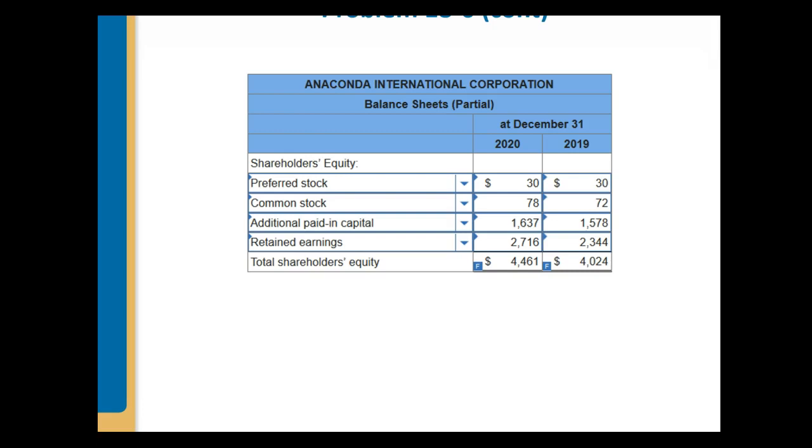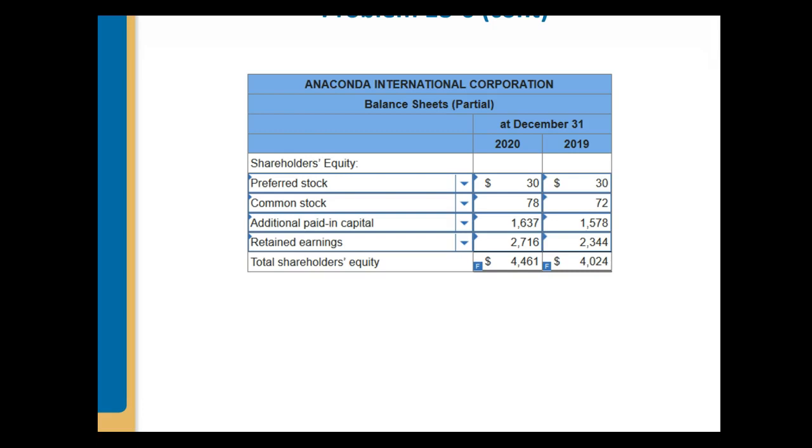The balance sheet at the end of 2019 and 2020, our preferred stock is at 30. Our common stock at the end of 2019 is 72. At the end of 2020, it's 78.